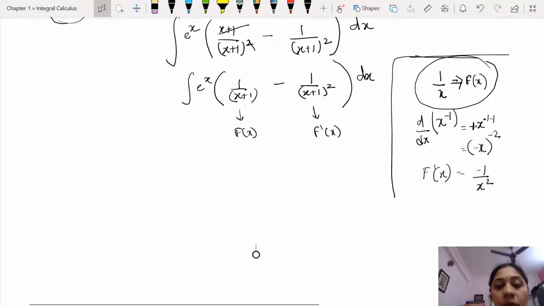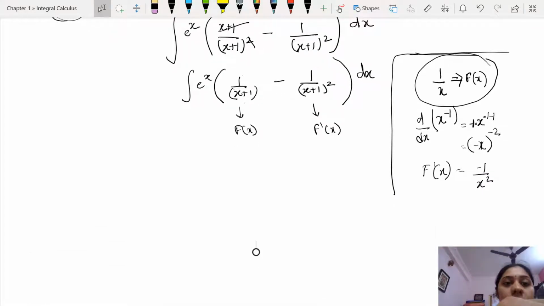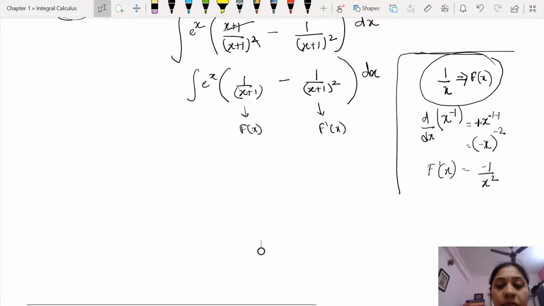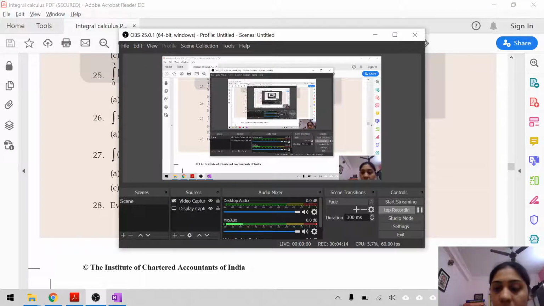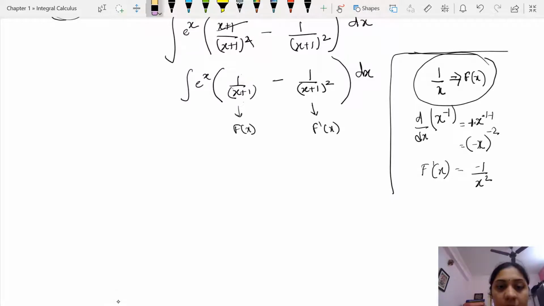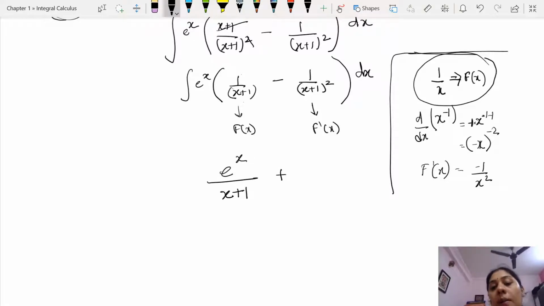So my answer will be e power x divided by f of x, which is x plus 1, plus k.